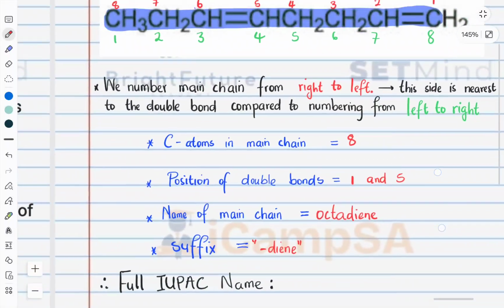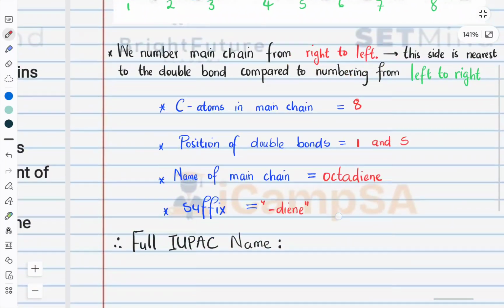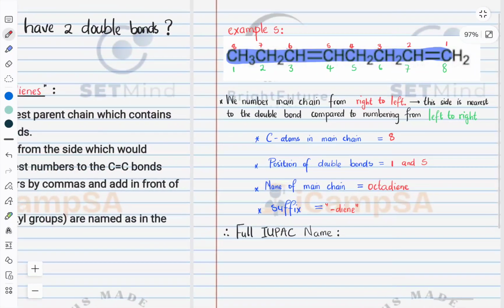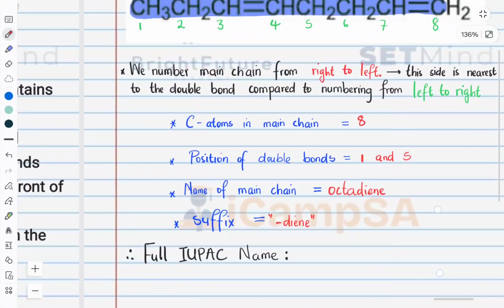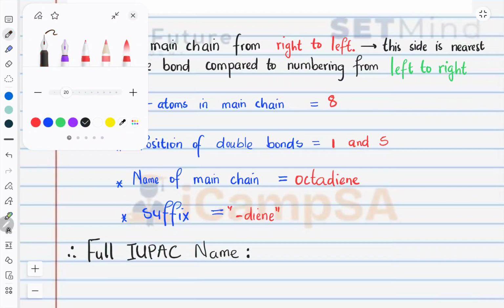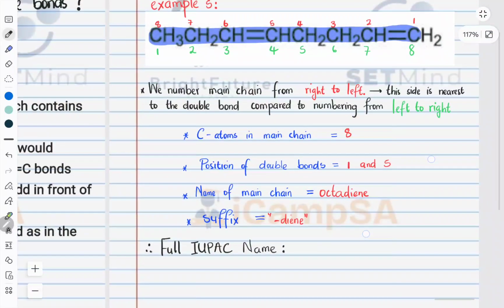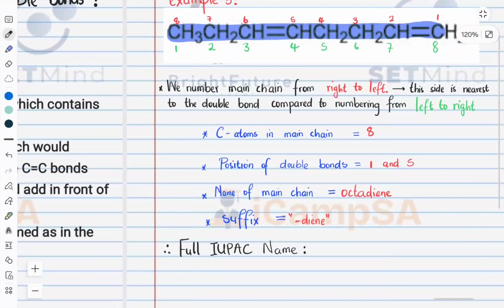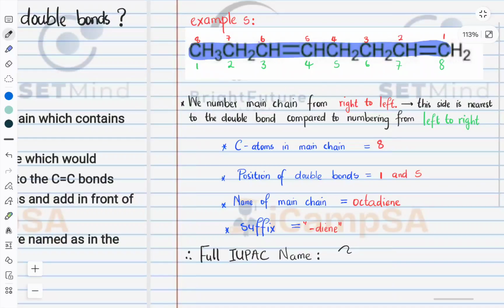It's an octadiene. Okay, so let's combine the name now. There is no alkyl group for now, unfortunately, so we will have to just mention where the bonds are, which is 1. Remember, we separate numbers using commas, and then 5 dash octadiene.